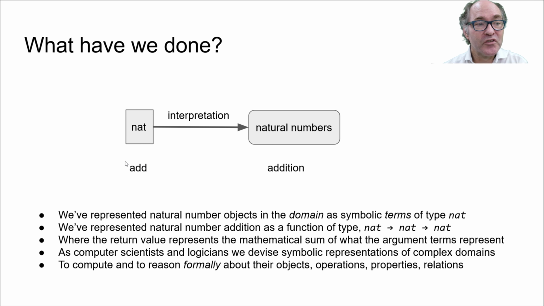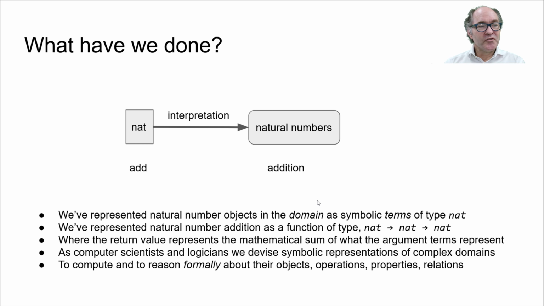It operates on these symbols, but it implements correctly the concept of mathematical addition, which is to say that it preserves the correspondence between the arguments and the result of applying add and the arguments to real addition and the result of applying the real addition operation.